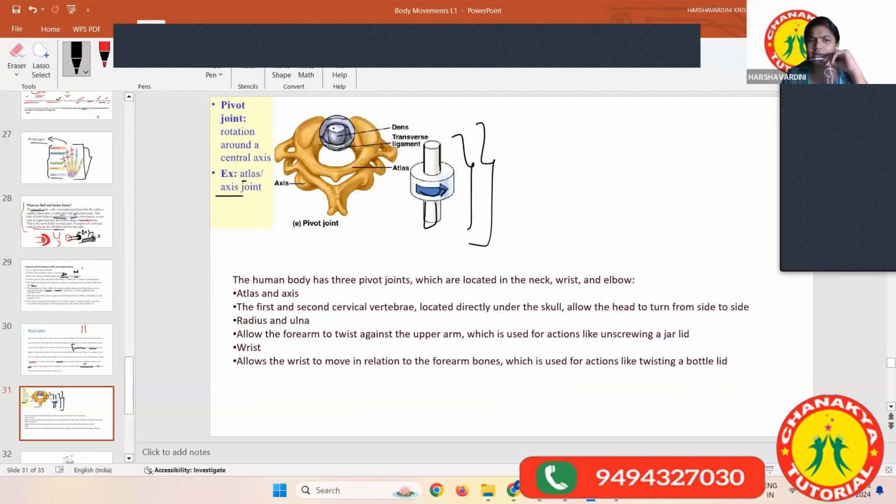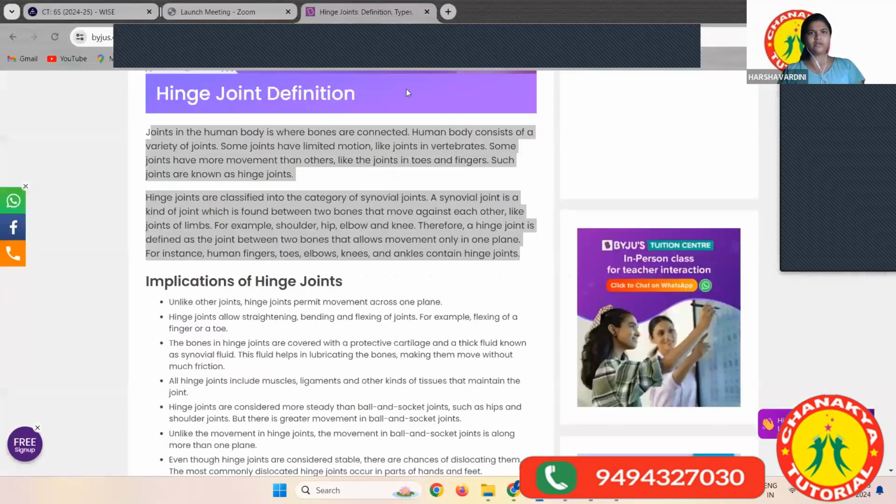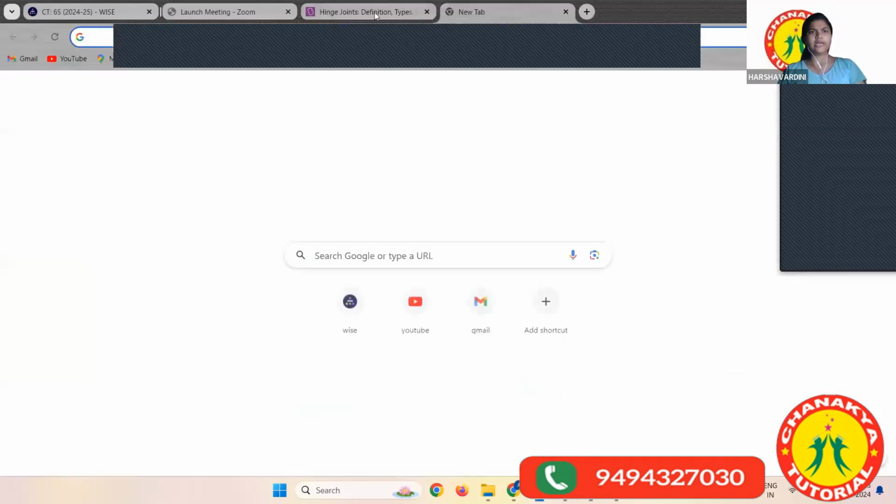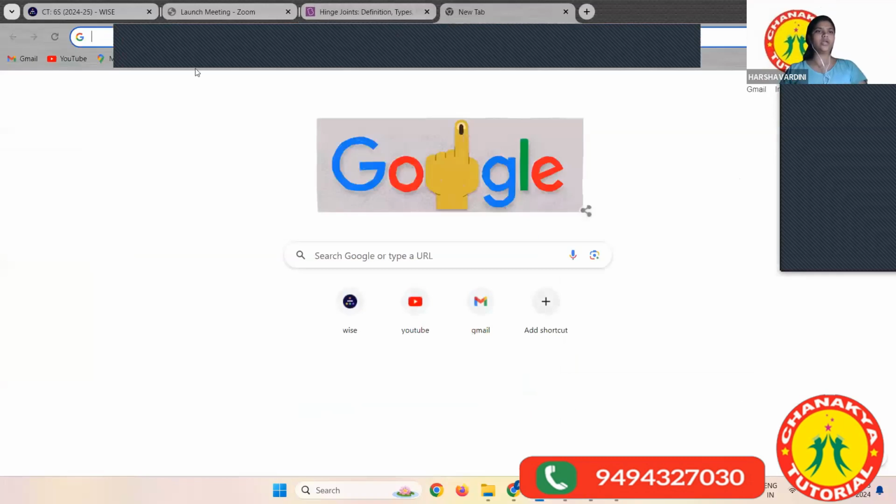This is your vertebral column, exactly your back side. Can you see the atlas is here, the first curve, and the axis is here, the second curve. And here your joint is present. If you want more good pictures, I will show them. I am getting these from Byju's only.